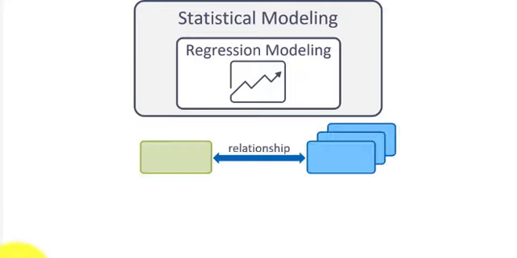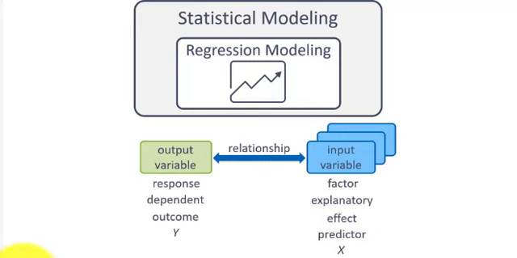You're trying to find the relationship between the output variable that could be called response, and the input variables that are also called factors or explanatory variables or predictors or x's, where the output we might call response based on the application you're using.